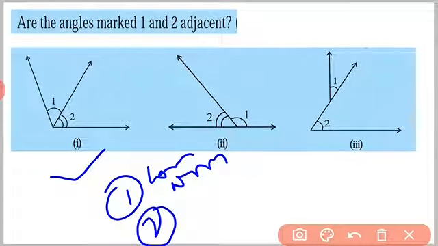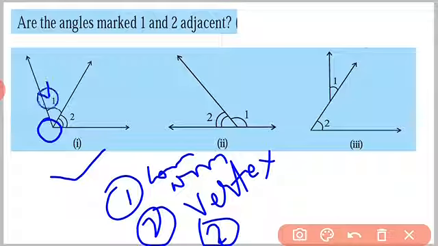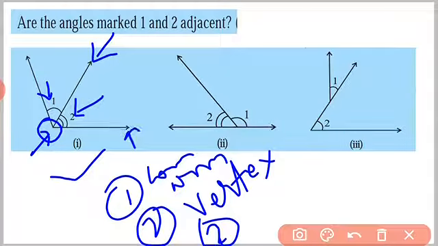Second is they should have a common vertex, and two non-common arms lying on either side of the common arm. So in the first case, there is angle 1 and angle 2. Both have a common vertex, a common arm, and two non-common arms lying on either side of the common arm.